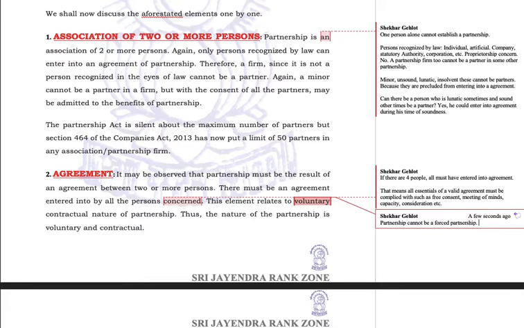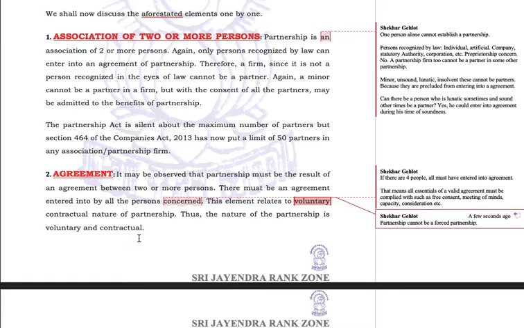If you do not feel like associating with someone, no one can compel you to be an associate of that person. You have to make a choice voluntarily, only then can you enter into a partnership. Thus, the nature of partnership is voluntary and contractual. This is the core nature of partnership.